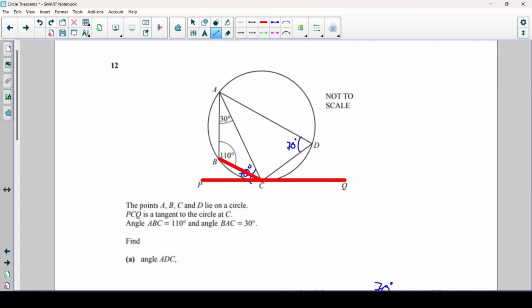The angle we're trying to find is between there, so I'm drawing that line in, and now I'm going to draw the triangle that includes that line there. And let's see if we can draw a kind of Z shape which includes that angle PCB. So it's not this one and this one, it's this one and this one over here. So PCB is equal to 30 degrees, again using the alternate segment theorem.